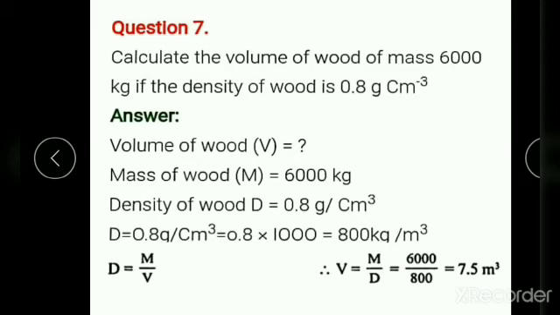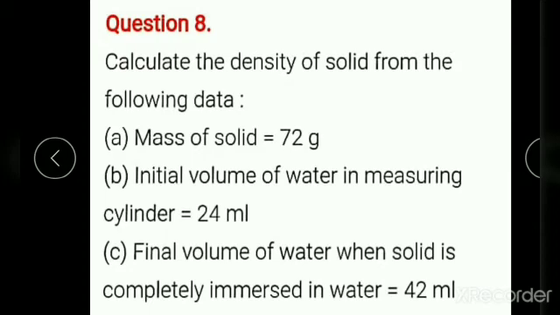Okay. So we'll move on to the next problem. Calculate the density of a solid from the following data. Mass of the solid is 72 grams, initial volume of water in measuring cylinder is 24 milliliter, and final volume of water when the solid is completely immersed in water is 42 milliliter.